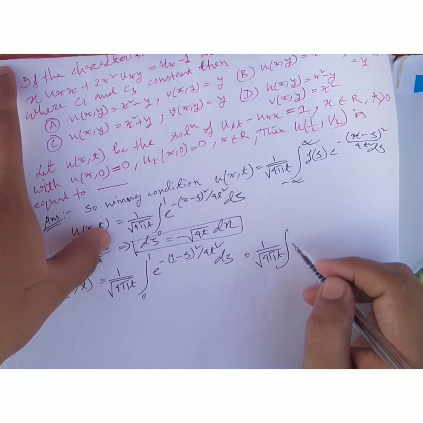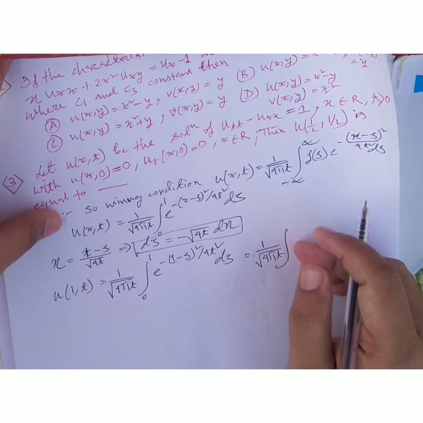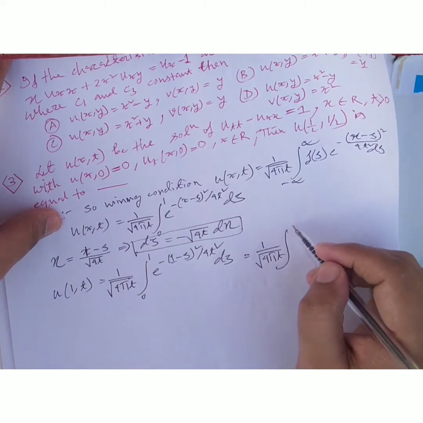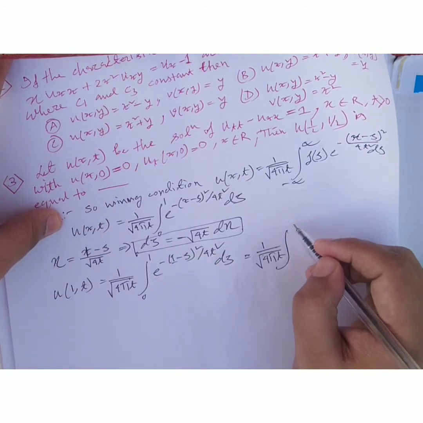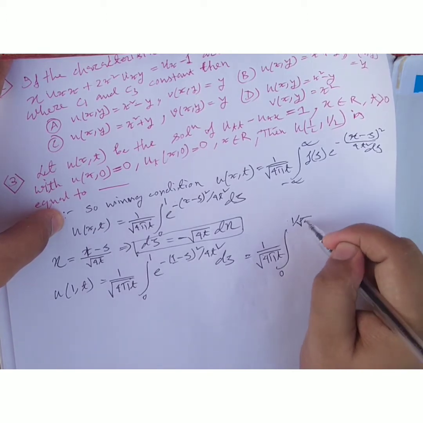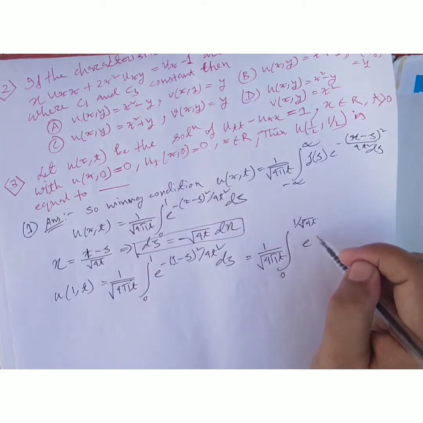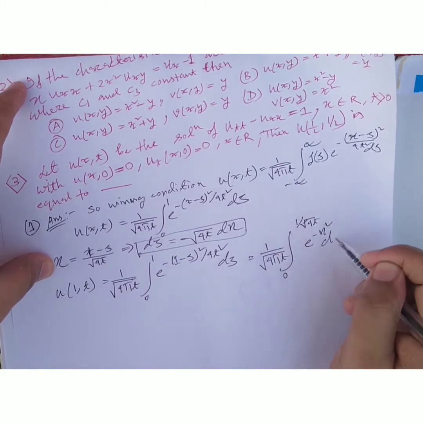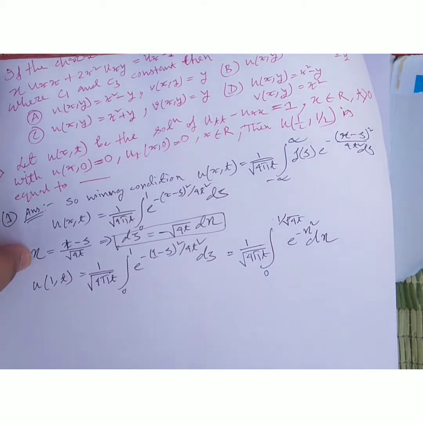When j is equal to 1, then the value is 0, and when j is equal to 0, then the value is 1 by root over 4t. But listen, here there is a minus, so my possible value is 1 by root over π, integral of e to the power minus eta square d eta.